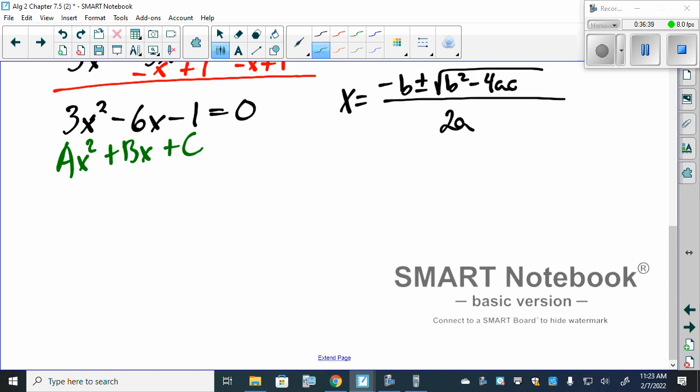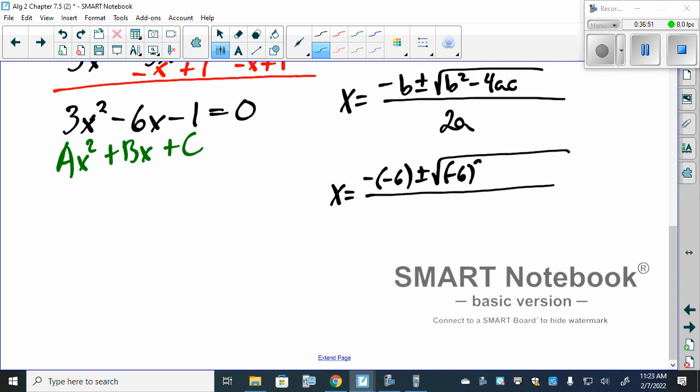And as we plug this in, negative b would be our negative negative 6, plus or minus the square root of negative 6 squared minus 4. Well, a in our case is 3, and c is negative 1. And we will take the sign with it, over 2a, which would be 2 times 3.